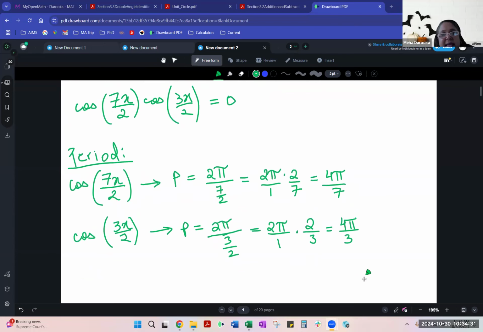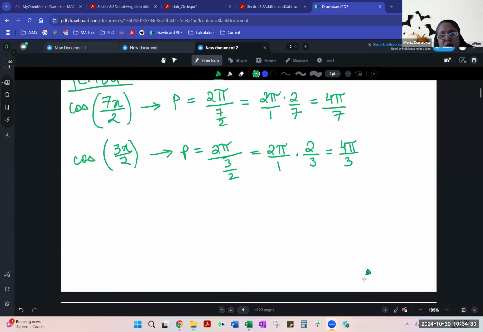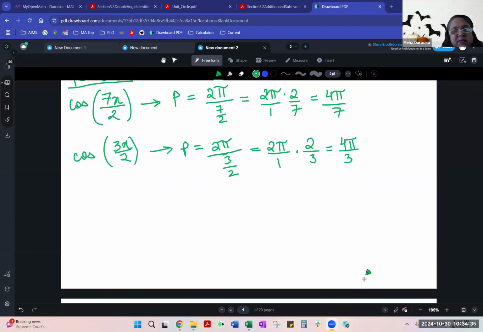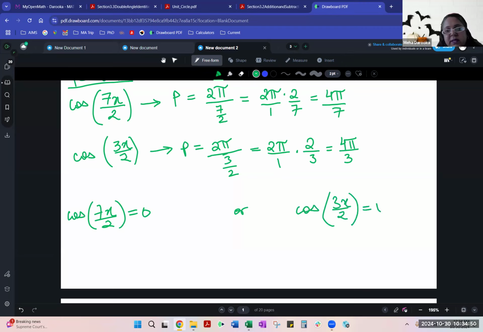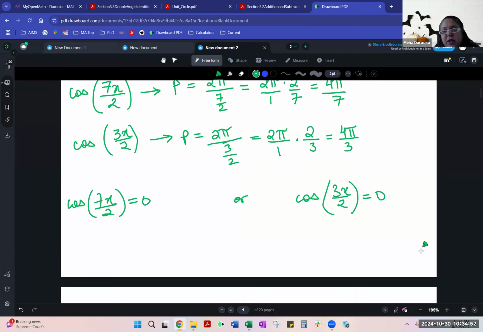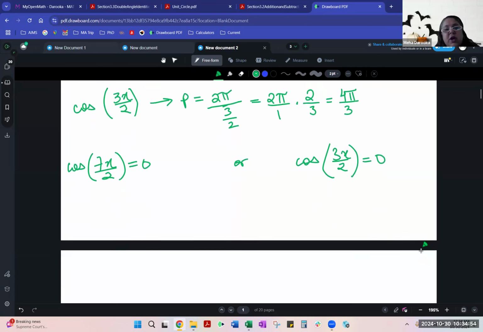All right, now we can take each one of these cosine functions and set it equal to 0. So we can say cosine of 7x over 2 is equal to 0, or cosine of 3x over 2 is equal to 0, right? And if you wanted to use U substitution, you can.